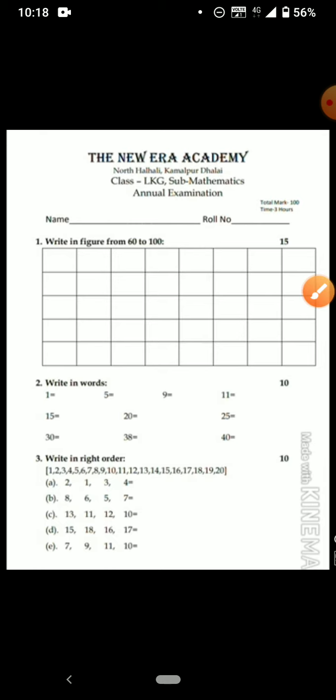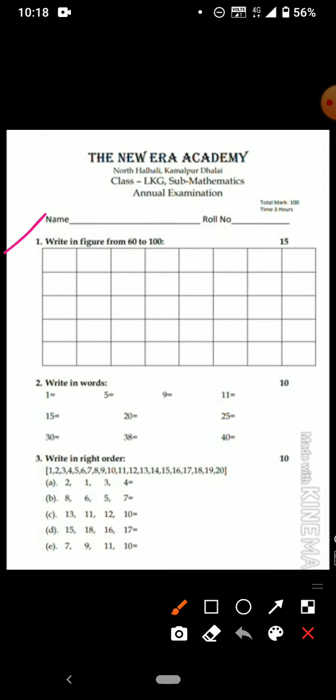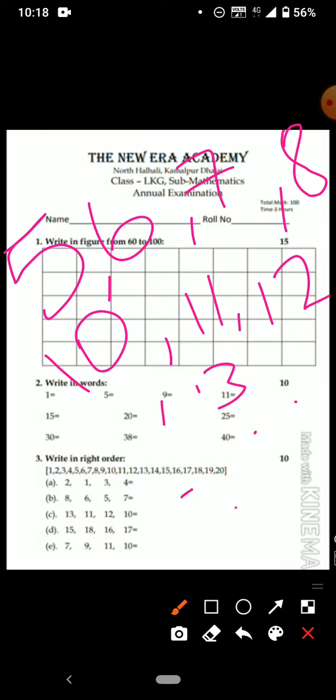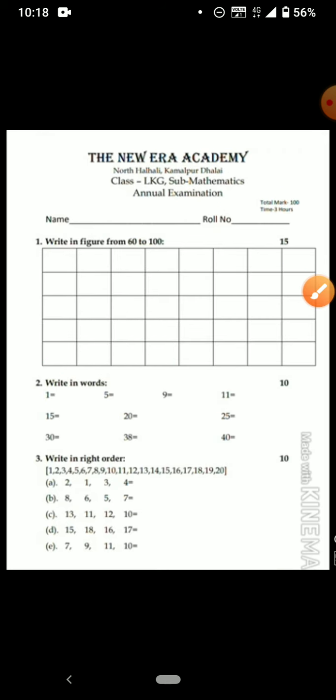Next, 8 6 5 7 becomes 5 6 7 8. Next, 13 11 12 10 becomes 10 11 12 13, etcetera. You can write.